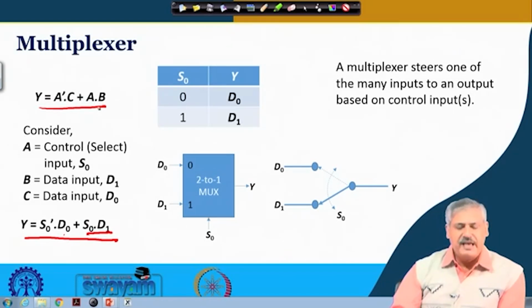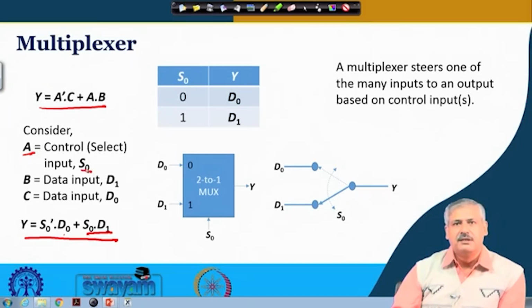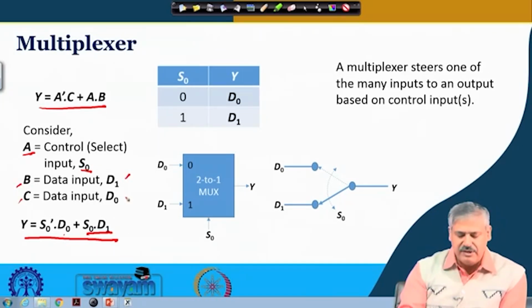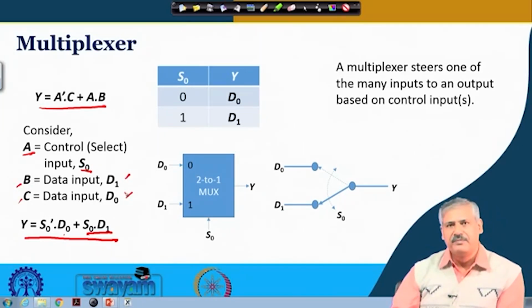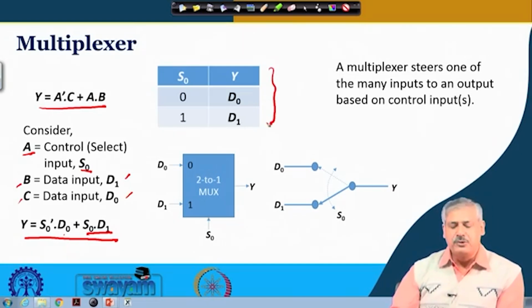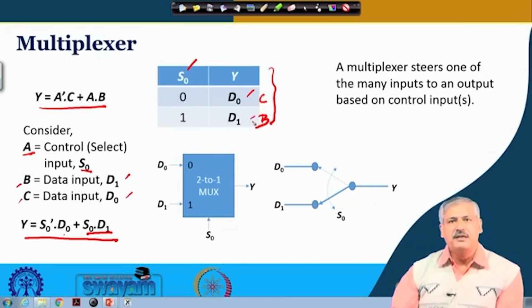Okay? So the same circuit which we had seen for A, if we assign that to S0, that is a select input, and B and C become data inputs, which are given to D1 and D0 respectively, then the previous circuit behaves like a 2 to 1 multiplexer, where A is your S0, D0 is your C, and D1 is your B. Okay? The same circuit, same hardware realization that we had seen.